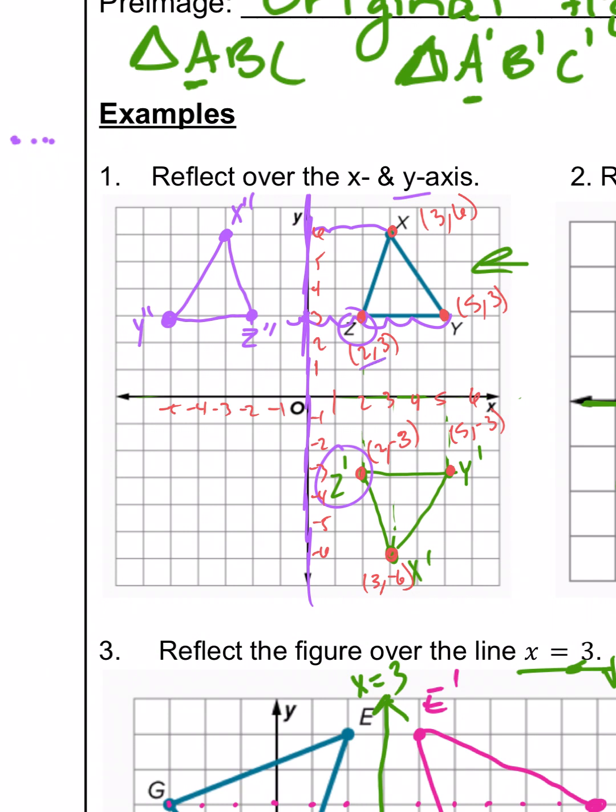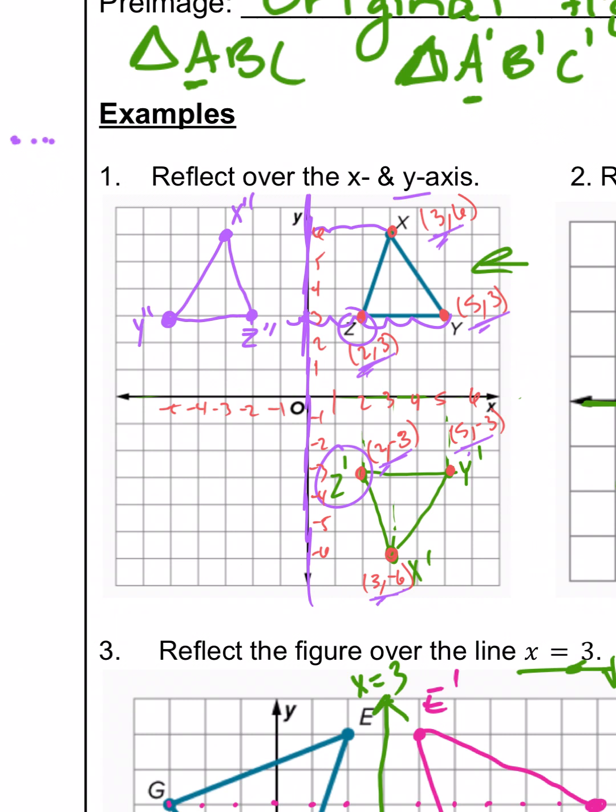So let's look at these. Z was 2, 3, now it's 2, -3. X was 3, 6, now it's 3, -6. Y was 5, 3, now it's 5, -3. If we pay attention to what's happening, the x value stayed the same: x is 2, x is 2, x is 3, x is 3, x is 5, x is 5.